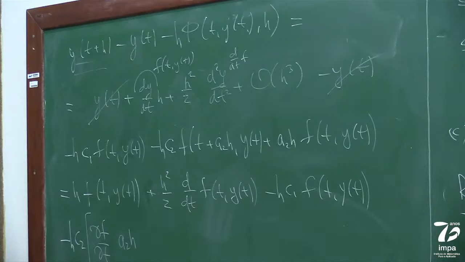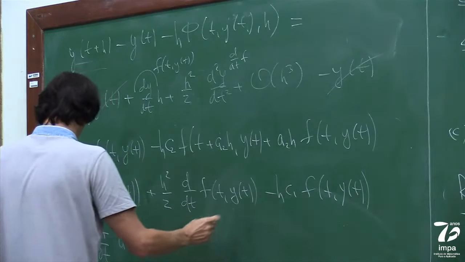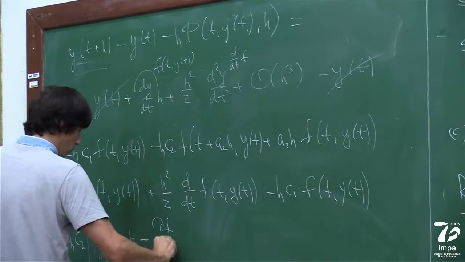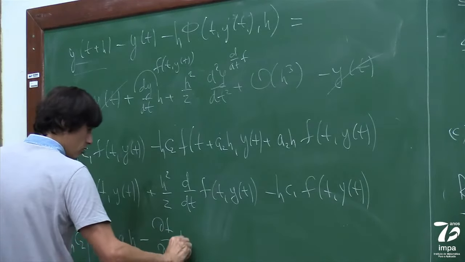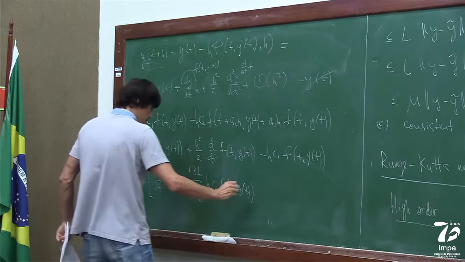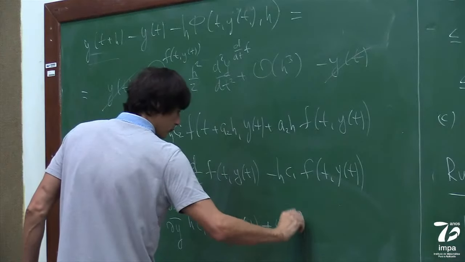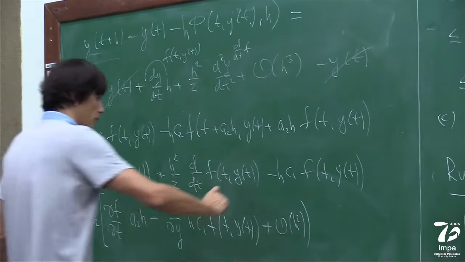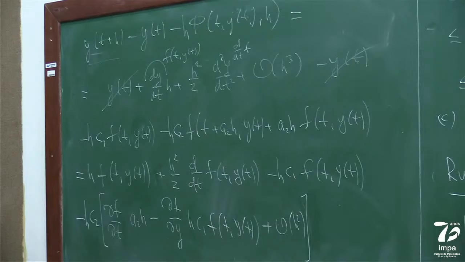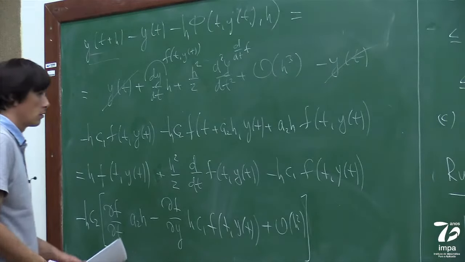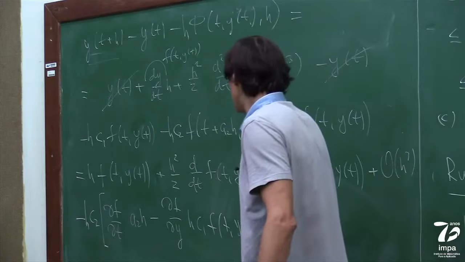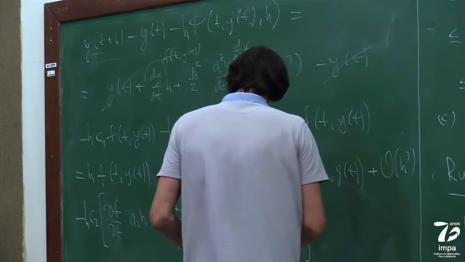And then we expand also the second term, so plus, it's minus df/dy, h C1 f, dy of t. So you see that there was also O of h cubed which I forgot, but this term is the same as this because it's multiplied by h.